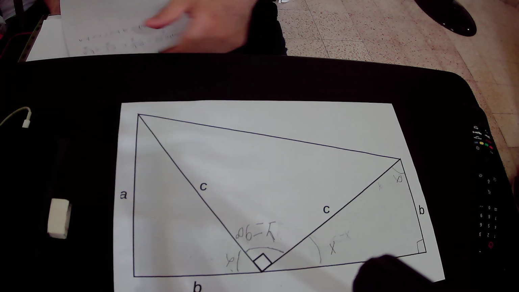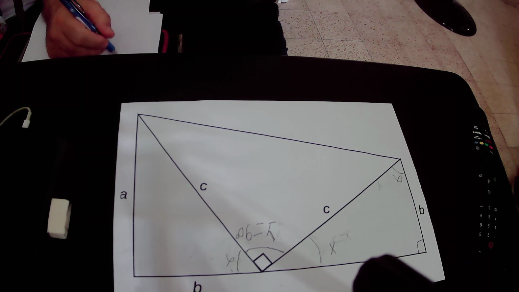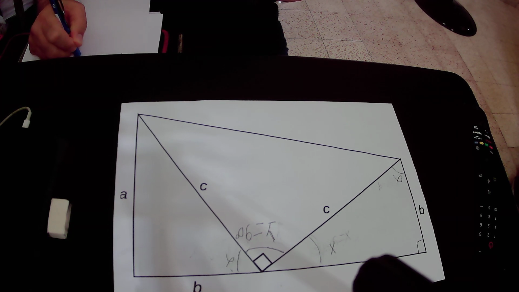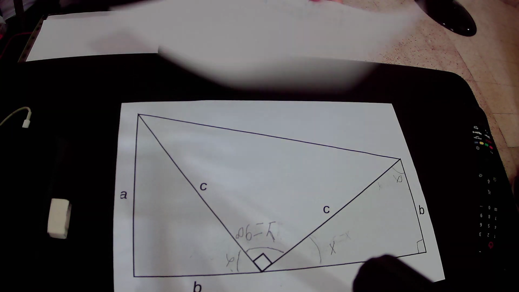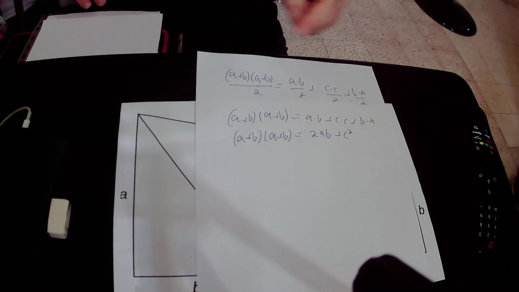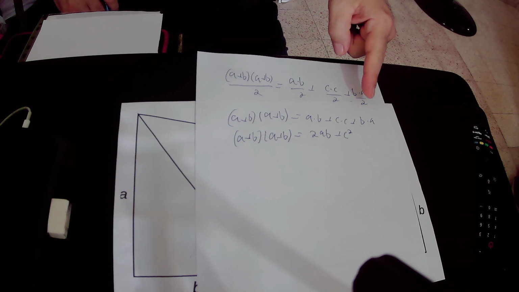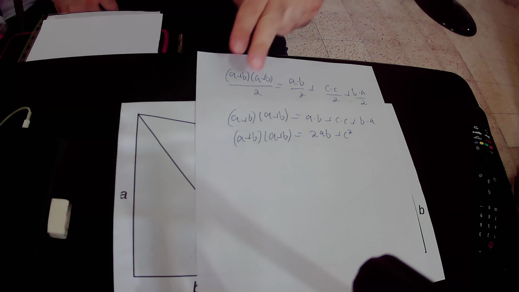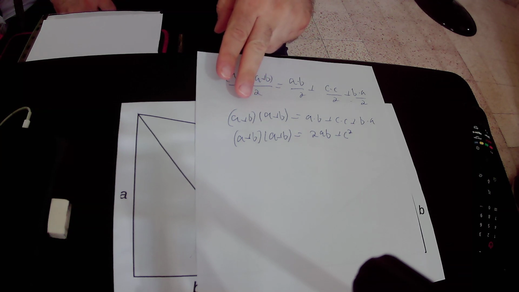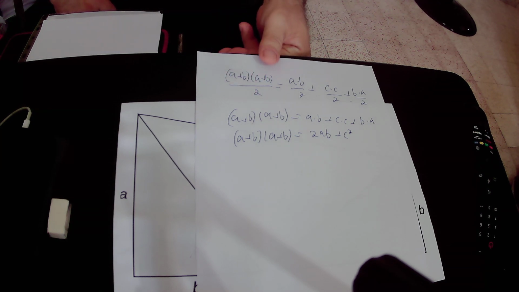So we can write it again. Okay, as I have already told you, A times B plus B times A equals 2AB, and C times C is C squared. Now we will open the brackets on the left side of the equation.